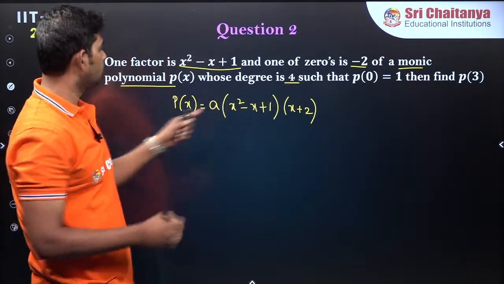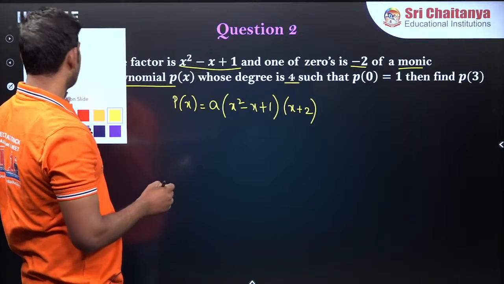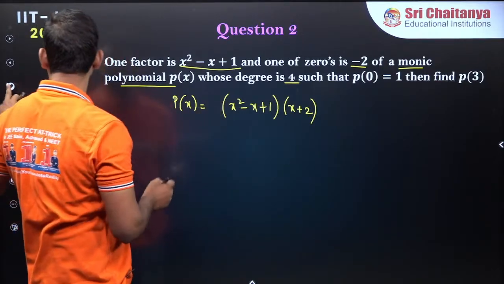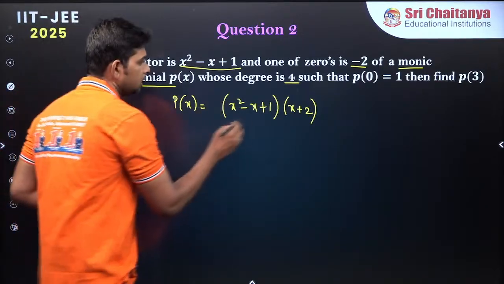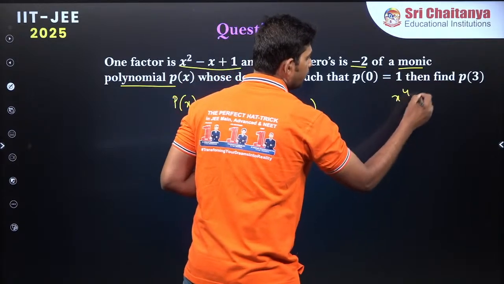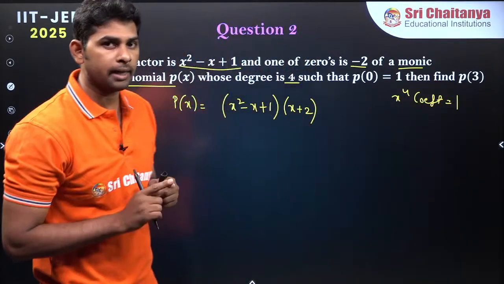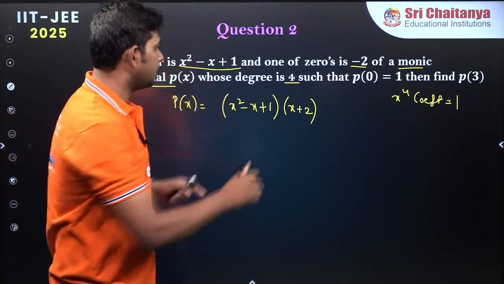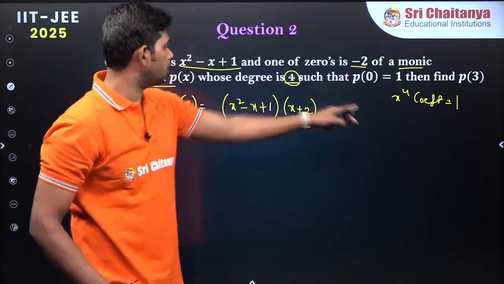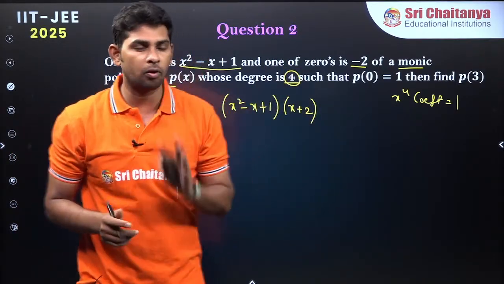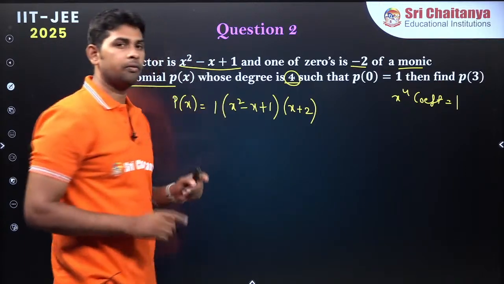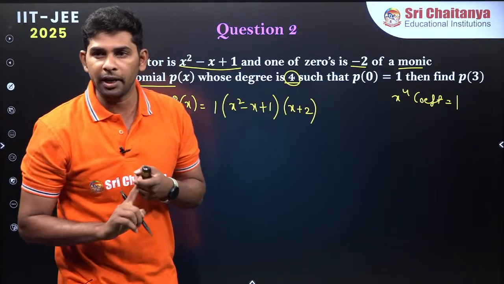And it is a monic polynomial, that means the coefficient of x power 4 is equal to 1. So I think you understand what a monic polynomial is. When taking a 4th degree polynomial, if the x power 4 coefficient is 1, that is called a monic polynomial.